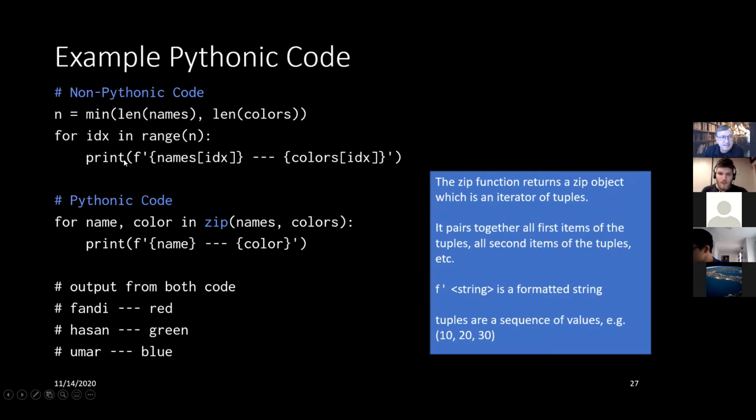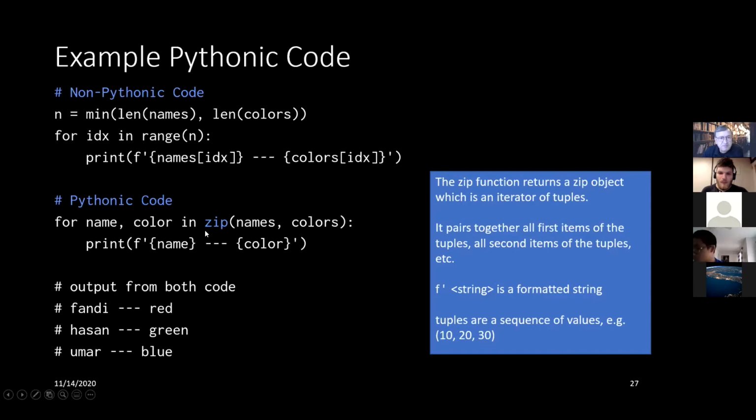Now, why is that non-Pythonic or unPythonic? It seems like the natural way to do it. Well, Python lets you let two variables iterate at the same time over two lists. Name iterates over the list names and color iterates over the list colors. So they're iterating in parallel.